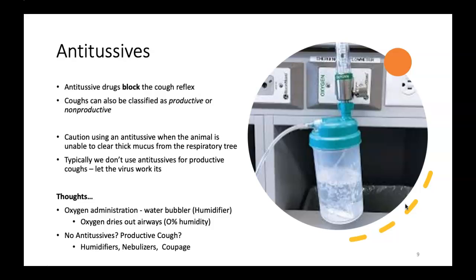If it's that thick, really disgusting, fairly dry, toothpaste-like mucus, now that you guys have a good visual picture of that, then we actually don't want to stop the cough necessarily because we need that cough mechanism to help push that mucus out of their respiratory tract.